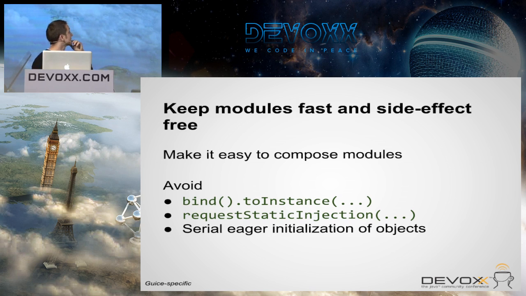Some examples of things that can slow down your modules would be binding to specific instances, where maybe constructing an instance of something is slow. Requesting static injection. Another thing that crops up sometimes is serially initializing singleton services in your application. In Guice, when you create your injector, one of the things you can request is that it go through and call get instance on all your singletons as your app starts up.